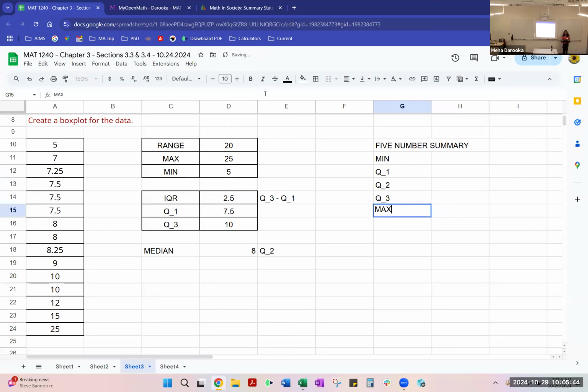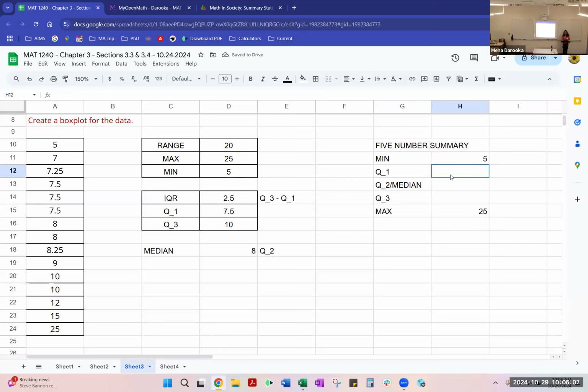And maximum. Now remember, quartile 2, technically, I guess I'll put a slash, can be the median for the entire data set. So we actually already have this, right? Because we already calculated the minimum here. So we know the minimum is 5. We know the maximum, again, we had already taken a look at that when we did our range. So the maximum was 25.